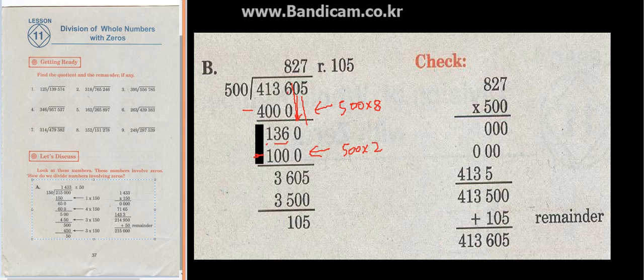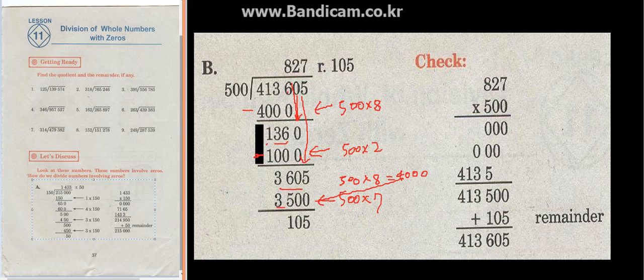And we bring down 5. And this number is a multiplication of 500 by 7, because 500 multiplied by 8 is 4000, and 7 is, as you see, 3500. And this number is between these two numbers, 4000 and 3500.